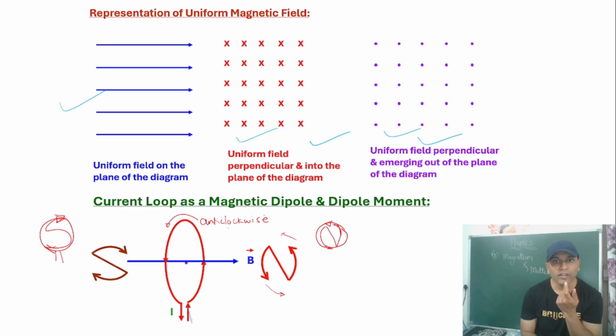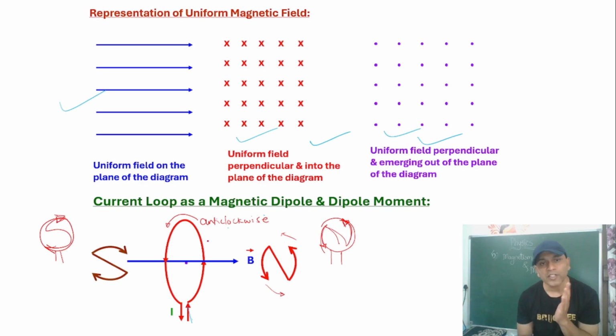So this one will be like this, the north pole. So the loop behaves in this way.